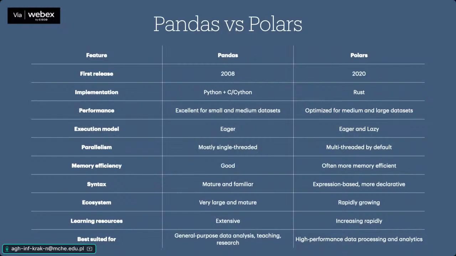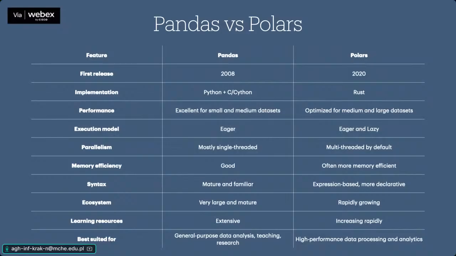Ecosystem, as I said, for Pandas is large. We have a large community. We have a lot of books. And Polars is rapidly growing, but not what we see in Pandas. And for learning resources, for Pandas we have everything.